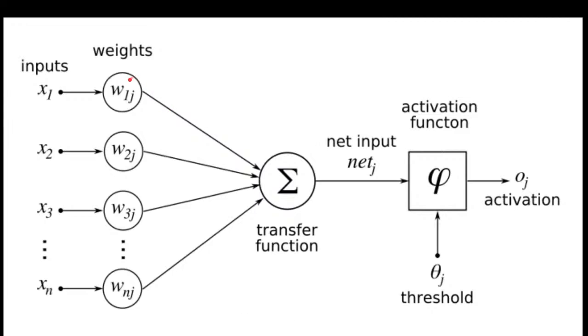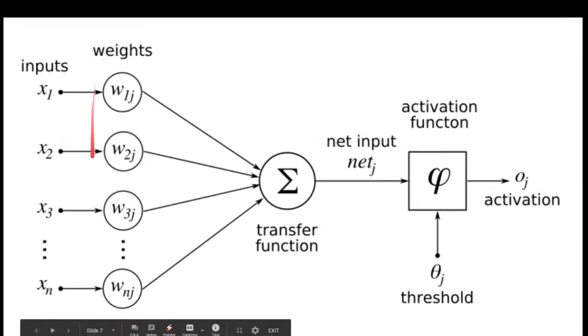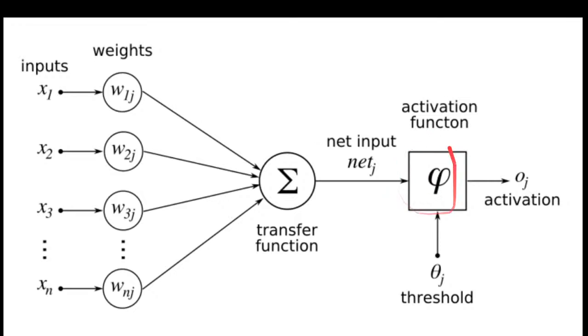Then the transfer function adds up all the weights with their inputs and gives the result to the activation function, and the activation function performs the computation you need. Here the loss function is calculated, and to get a better loss we do backpropagation, update the weights, and then we continue the process.